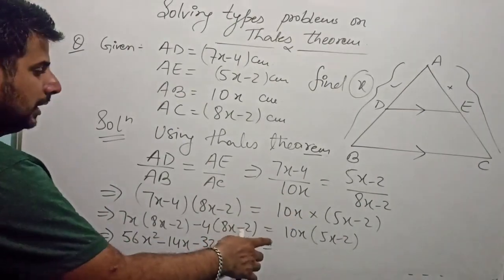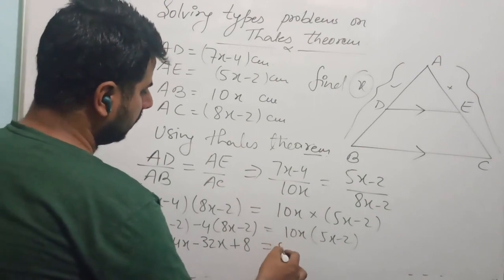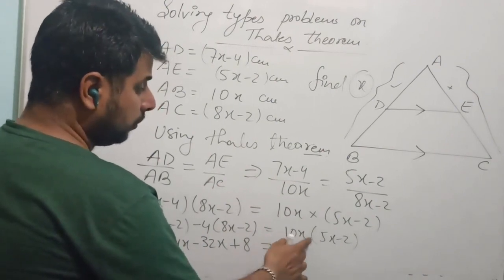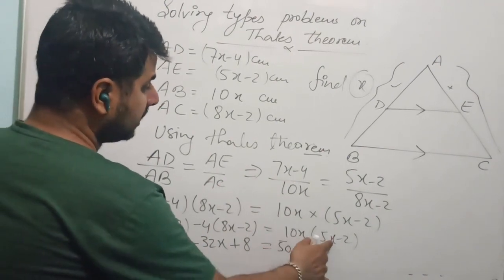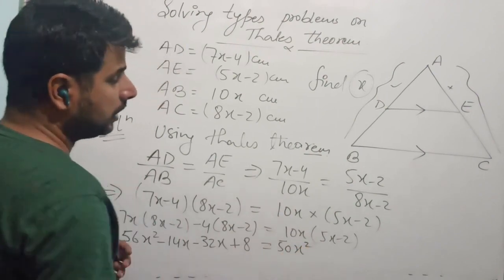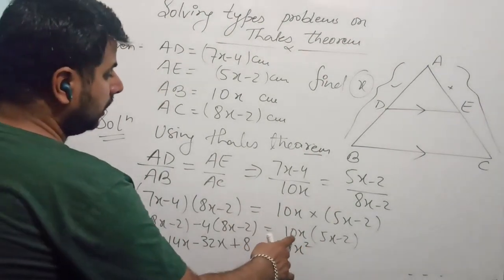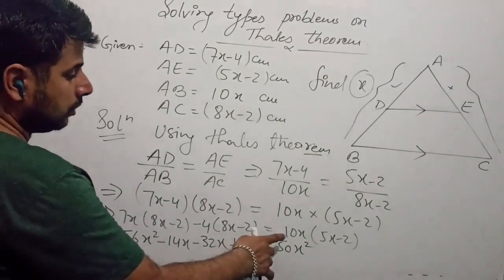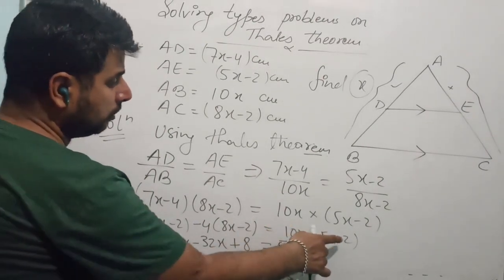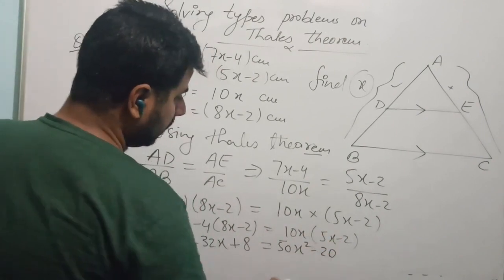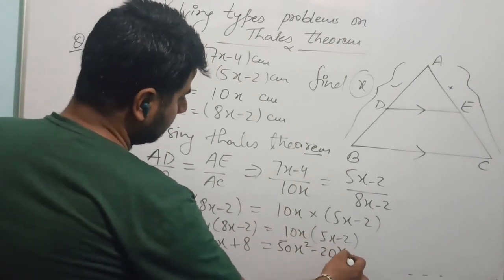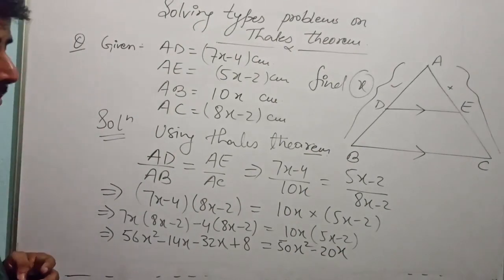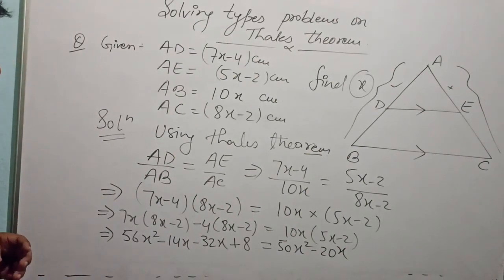Coming to this side, 10x into 5 will give you 50x square: 10 into 5 will give you 50, and x into x will give you x squared. Similarly, now 10x will be multiplied to minus 2. 10 multiplied to minus 2 will give minus 20, and x will be as it is because there is no variable on 2. Right?